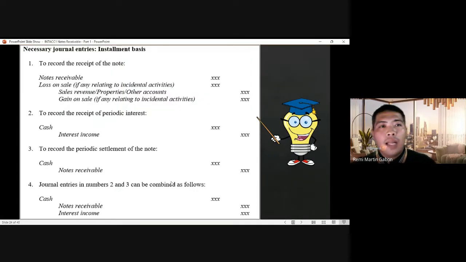So summary journal entries, ganun pa rin yung recording ng receipt. Magdedepende pa rin if coming from dealings with customers or incidental activities or other accounts, sabi na natin nag-lend tayo ng money. Okay? Then to record the receipt of periodic interest, we can debit cash and credit interest income.